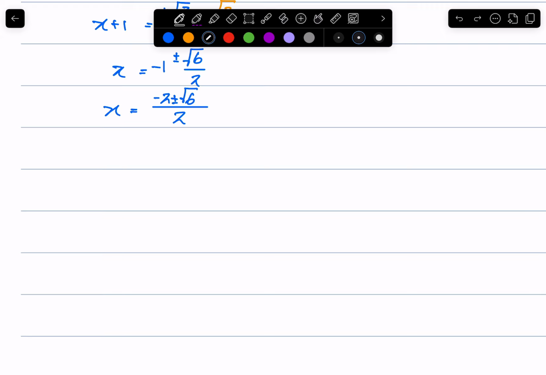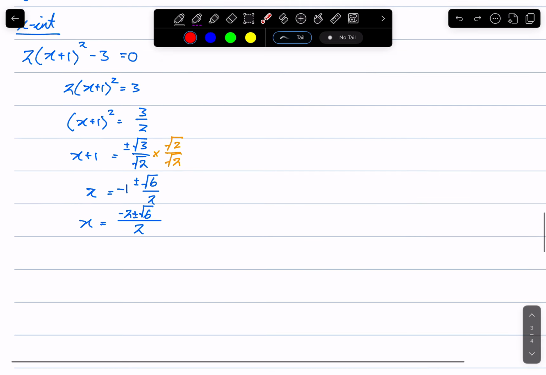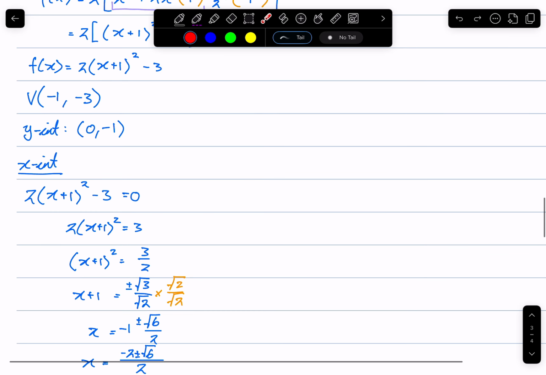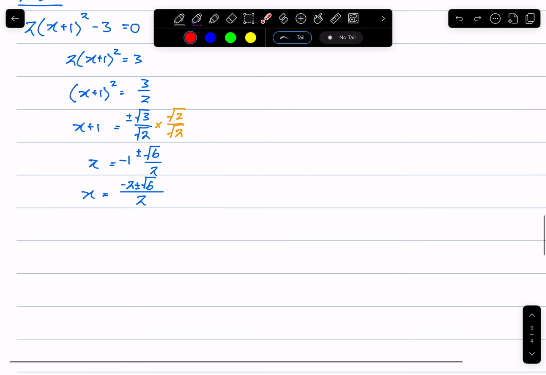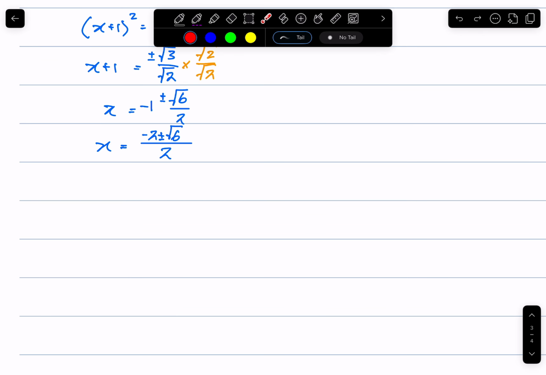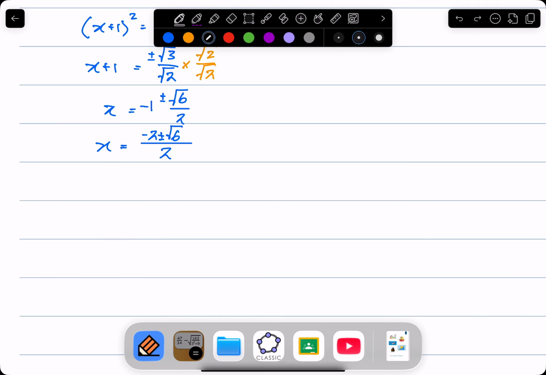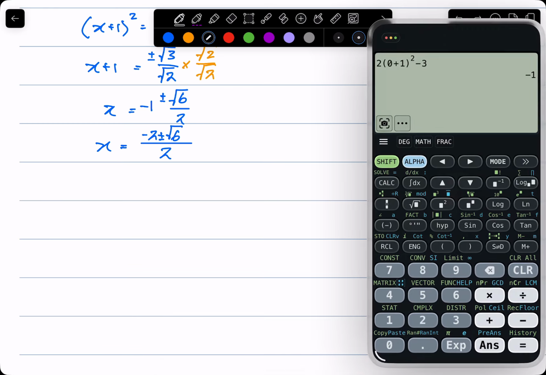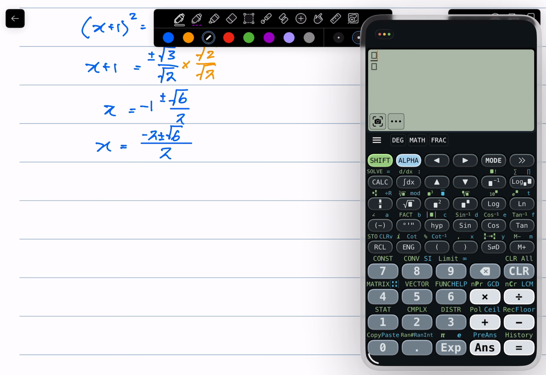Now, when it comes to graphing this, we're going to write the exact form. However, we are going to also find the decimal approximation of these so we can visualize where this goes. So negative 2, we'll do minus first, minus root 6 on 2.